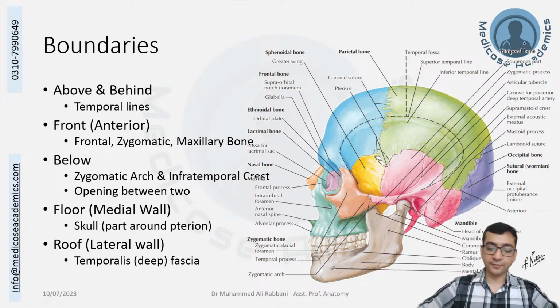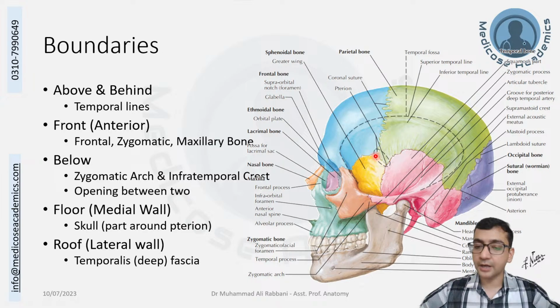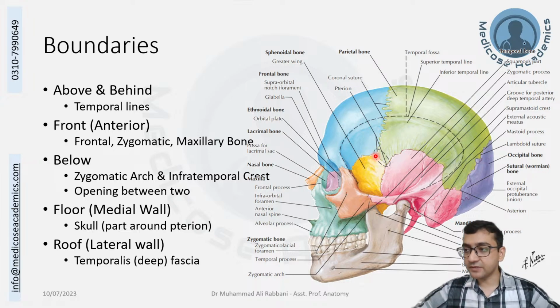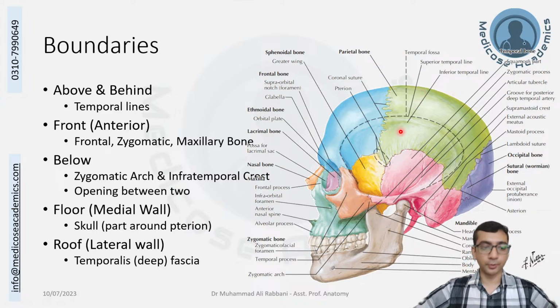Breakage of this part will lead to damage of the middle meningeal artery and epidural hematoma. It can also lead to compression of the precentral gyrus, the motor area, because the Sylvian point, where the lateral sulcus joins the central sulcus, is just beneath this pterion.